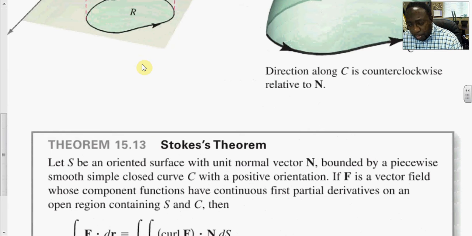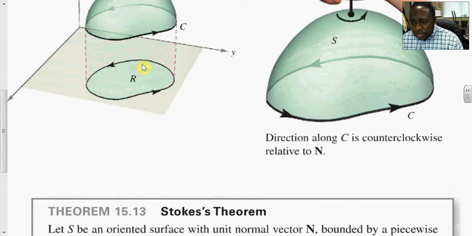So the first partial derivatives are continuous on two spaces, on the region containing S and then also C. Well, obviously C is connected to S. C is just a curve about the so-called surface. So you want to examine either one: examine the curve, that's the boundary for the surface, or you can investigate the surface itself. If you investigate the surface itself, then we're using Stokes' theorem. If you investigate the energy along the curve, then you're using Green's theorem.